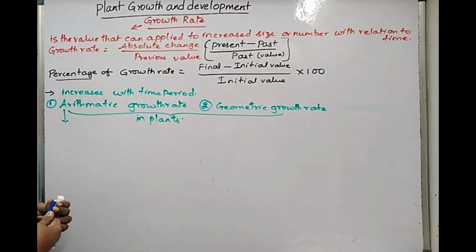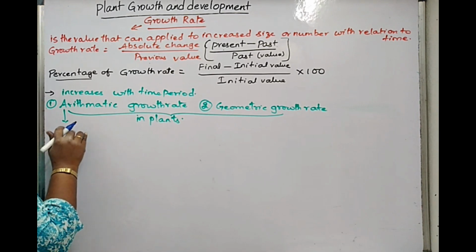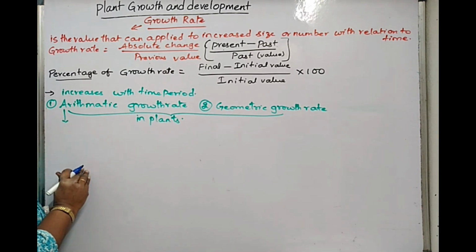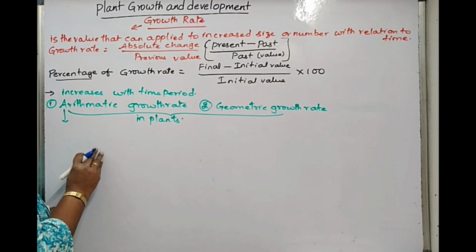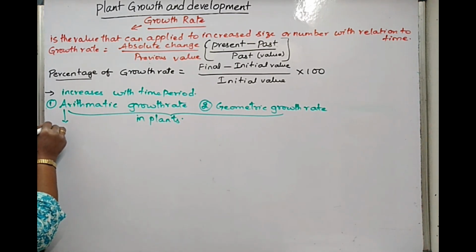Arithmetic growth rate means during the growth of a plant body, one cell keeps on continuously dividing, other cells keep on continuously differentiating into other or special types of cells.